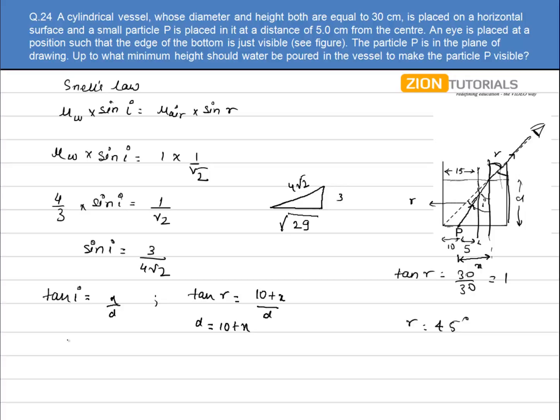Now tan I can be written as 3 by root 29, which equals x by d, where d is the value that I have to find. So x can be replaced by d minus 10, over d. So simply solve this equation for the value of d. The value of d comes out to be 26.7 centimeters.